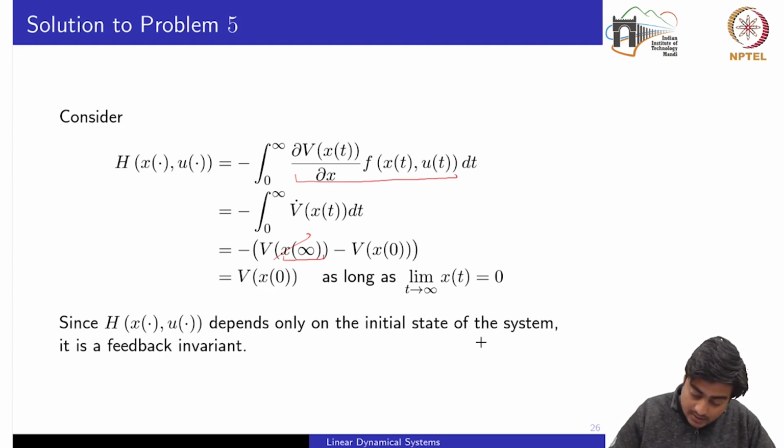So this is a feedback invariant function, and it becomes a feedback invariant function only under this condition, otherwise it won't be possible. Okay, and if you recall, it is similar to the condition of asymptotic stability, right?